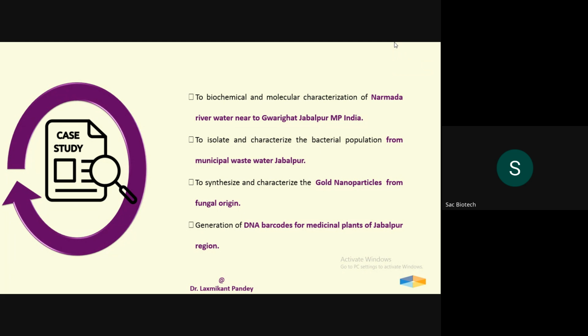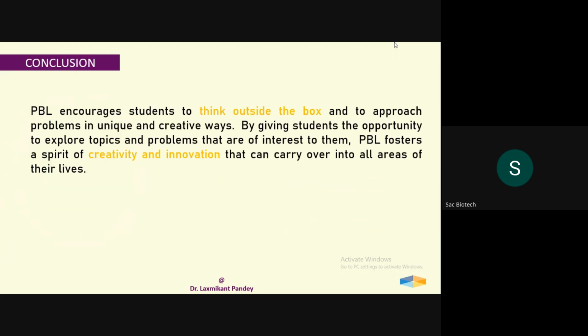Please change the slide. Now we are in the last part of my presentation. This is the conclusions. As I mentioned, PBL, project-based learning, encourages students to think outside the box. Once he becomes an active learner, he can think out of the box, and you can definitely develop creativity among the students, and because of that he can create innovative solutions for those problems.